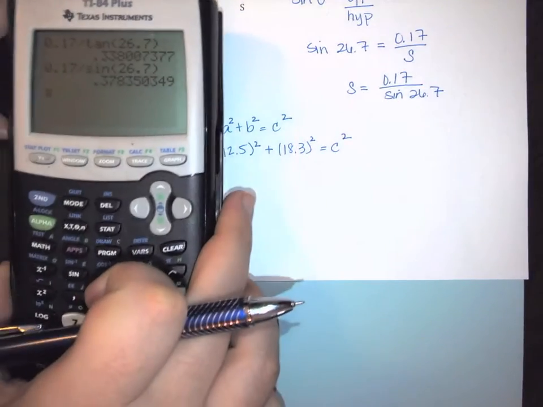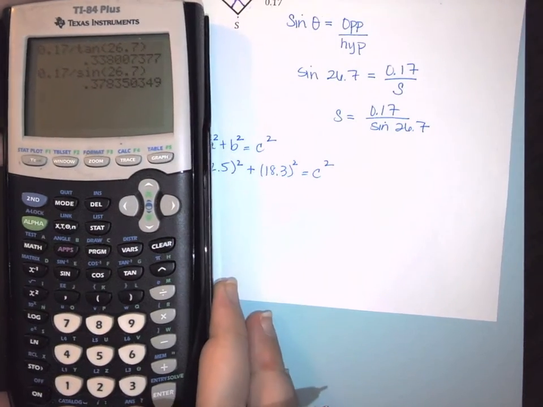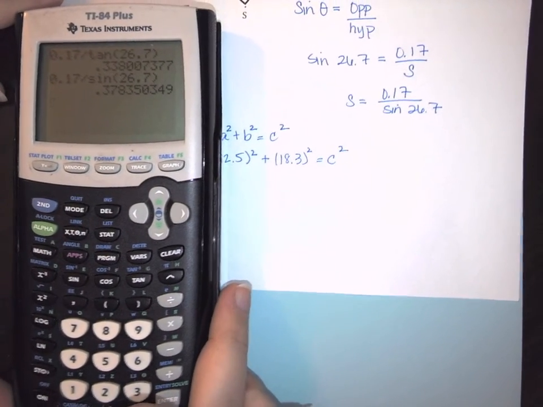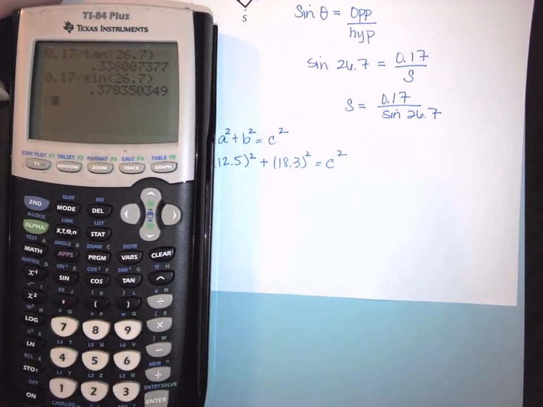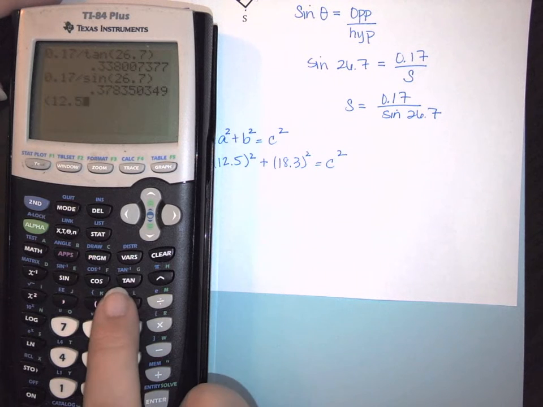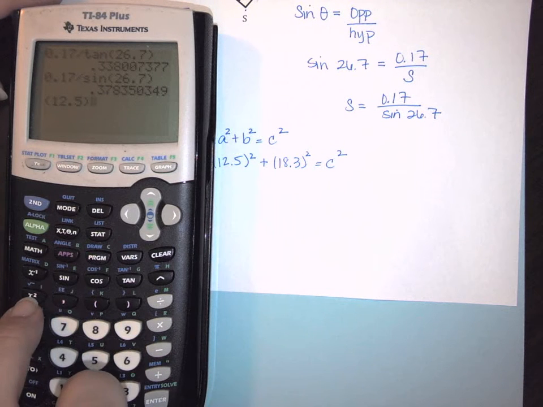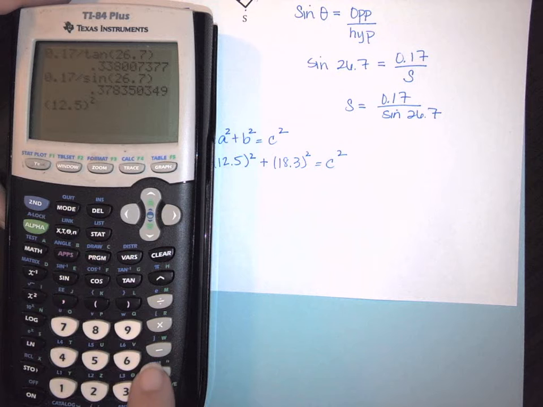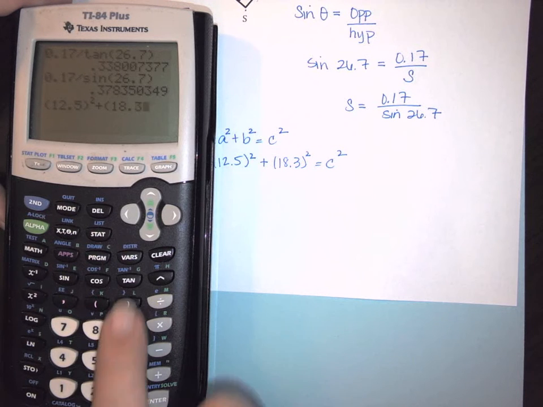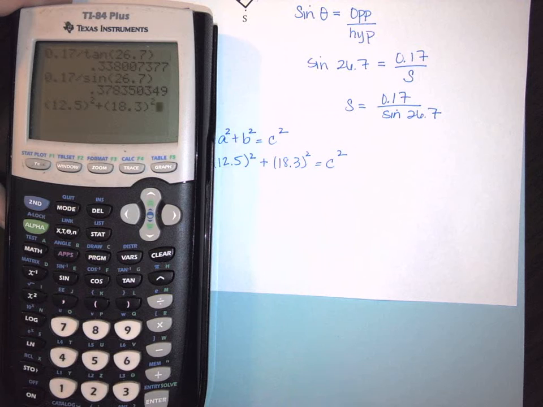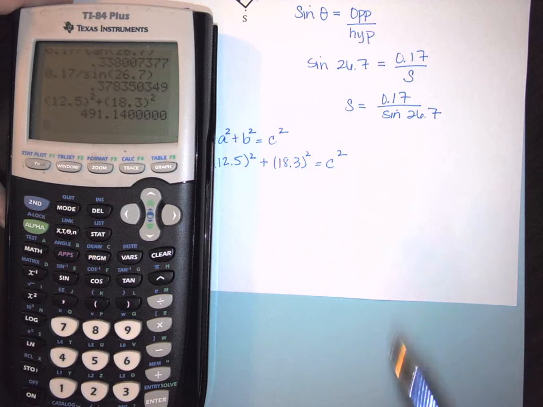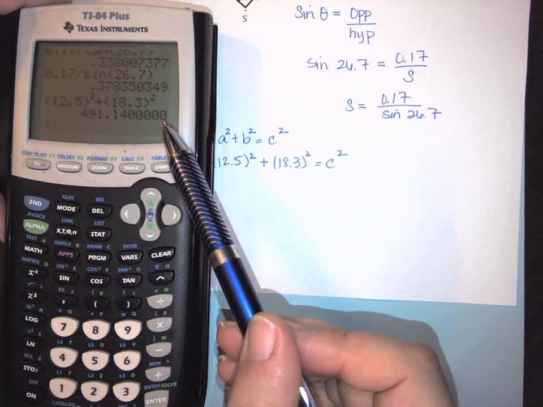As a refresher for anybody lost, you'd open a parentheses, 12.5, close your parentheses and hit your square button. We're going to add that, open parentheses, 18.3, close it, and again hit the square button. So that right there is your c squared value.